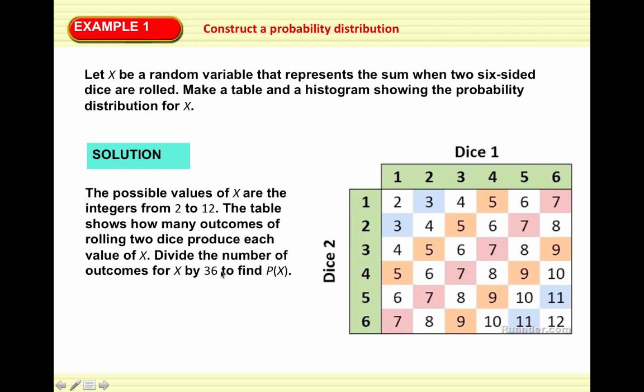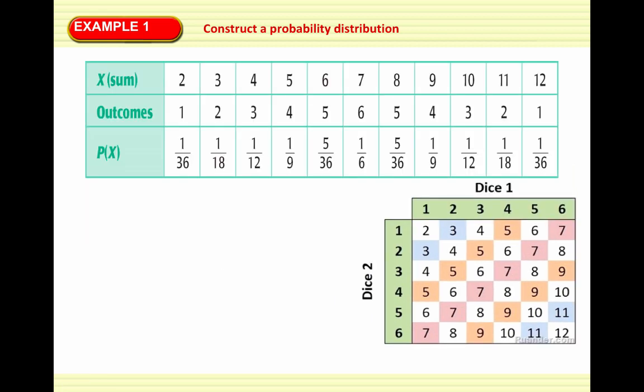Okay, so first thing we do is we make a table where we've got x, our values for x, the sum. So we have all the possible values, 2, 3, 4, 5, 6, 7, 8, 9, 10, 11, 12. This second row here is kind of optional, but it's helpful in a situation like this. Go ahead and write how many outcomes give you each sum.